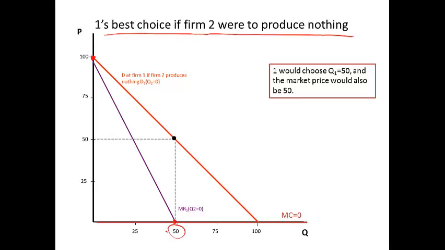There's the optimal quantity for firm 1. And by the way, because firm 2 is producing nothing, firm 1 would be alone in the marketplace, and its price would be 50. So actually this one boils down to just the monopoly solution. It's as if firm 1 were the monopolist.